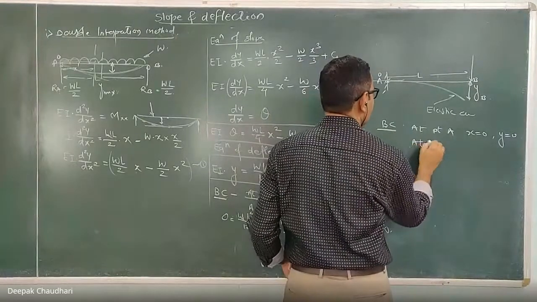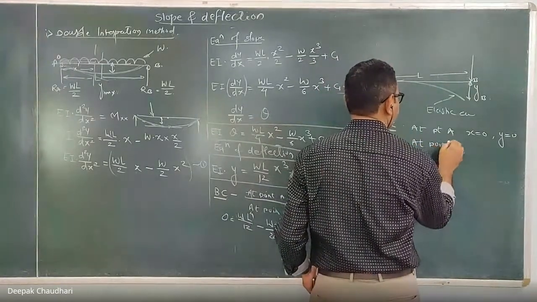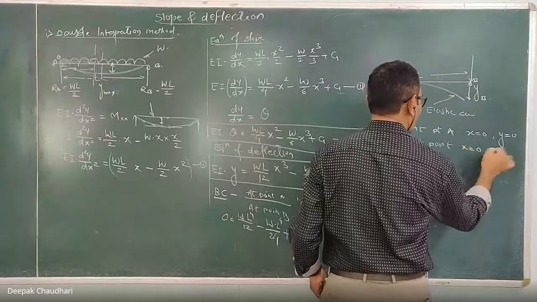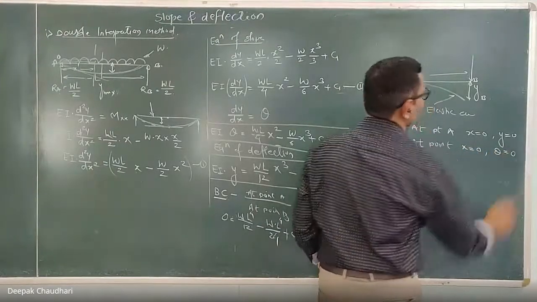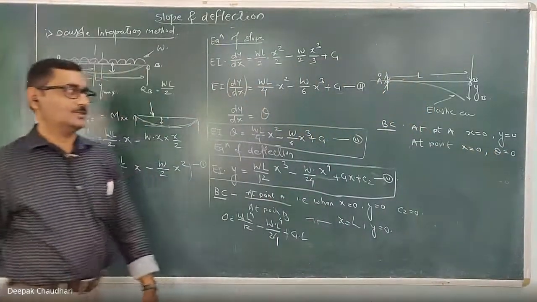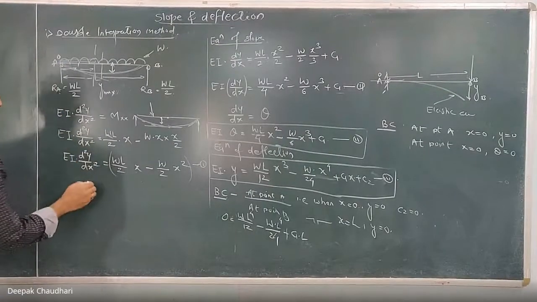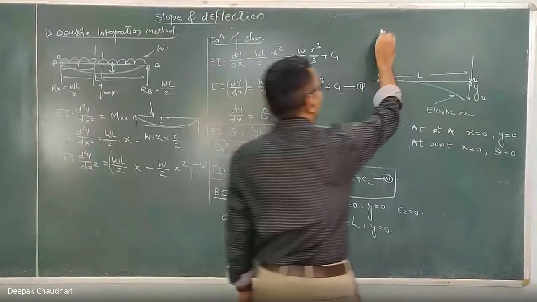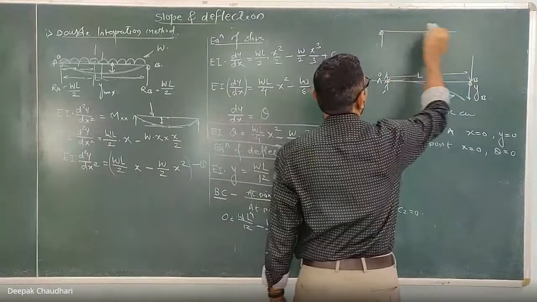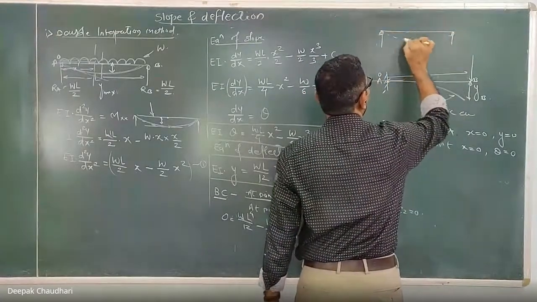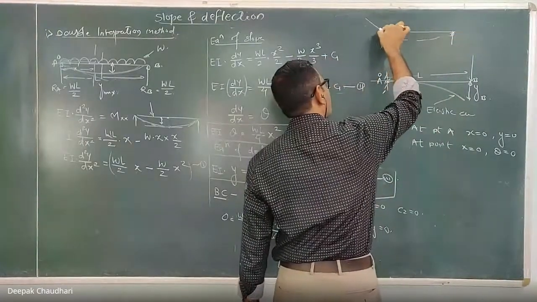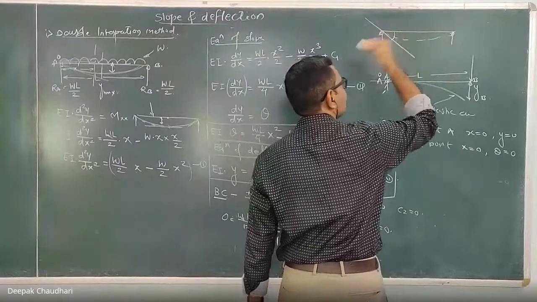So at point A, that is when x equal to 0, theta is also equal to 0. This is not the case for a simply supported beam, listen carefully. For a simply supported beam, at the support where the deflection is 0, in fact the slope is maximum.